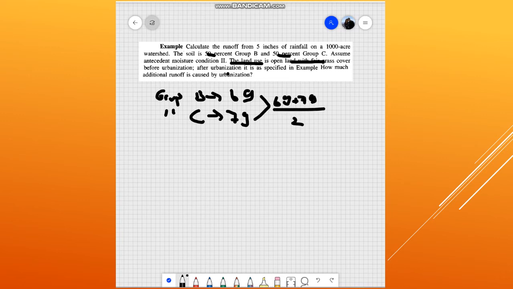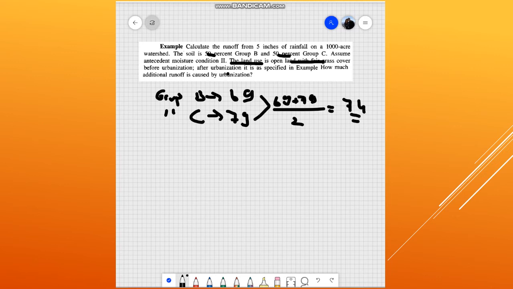Or you can just multiply 69 by 50 plus 79 by 50 over 100. Same thing. When we do this, we find the average curve number of this soil or watershed is 74.